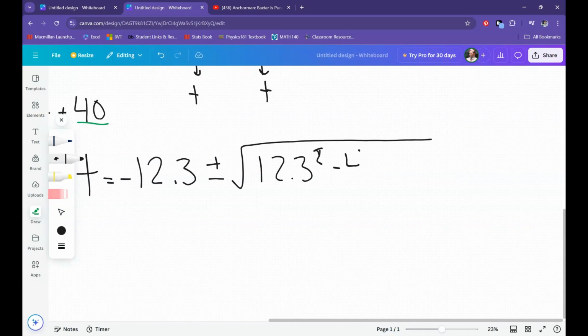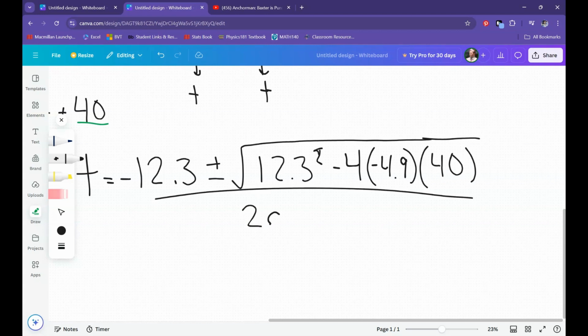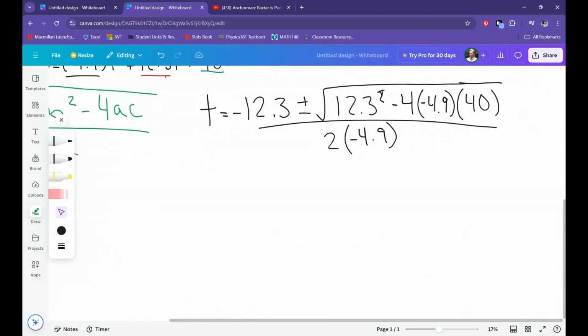Squared minus 4 times negative 4.9 times 40, and put that all over 2 times 4.9. So now I'm going to solve for the radical.